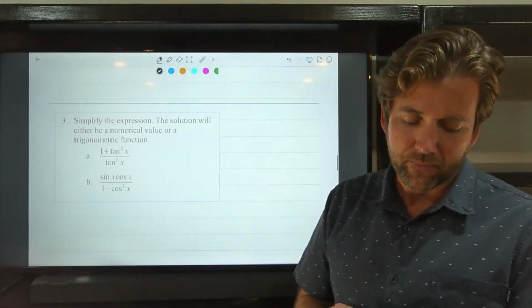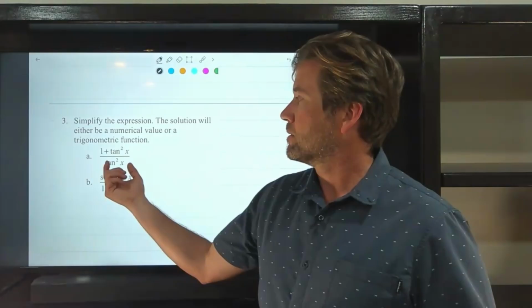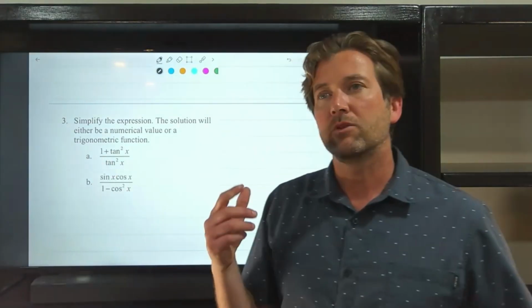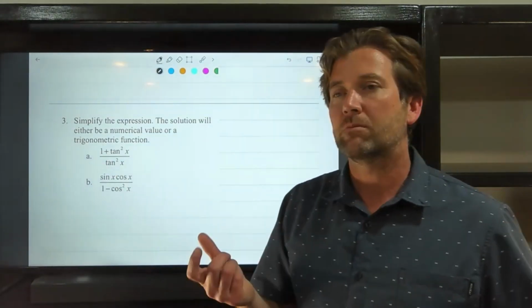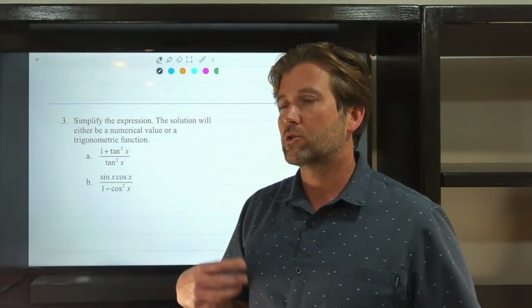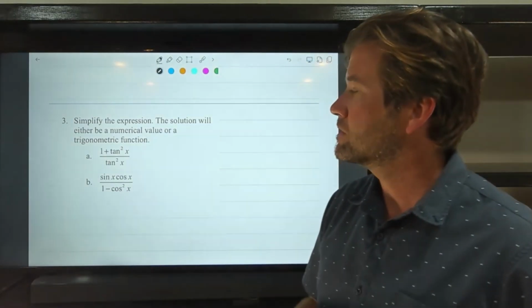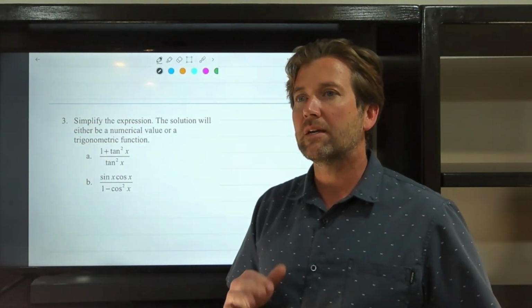Question 3. So this is more like the College Board. They'll give you an expression, and they'll tell you like, hey, the answer should be the cotangent of x, or it should be the tangent of x. Rewrite this expression. My directions are a little more vague, but similar.